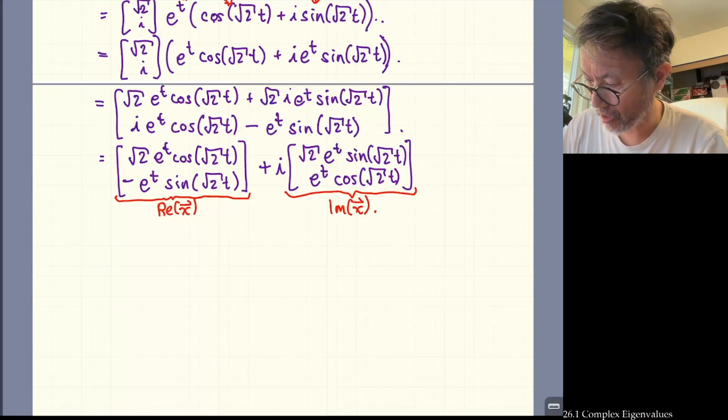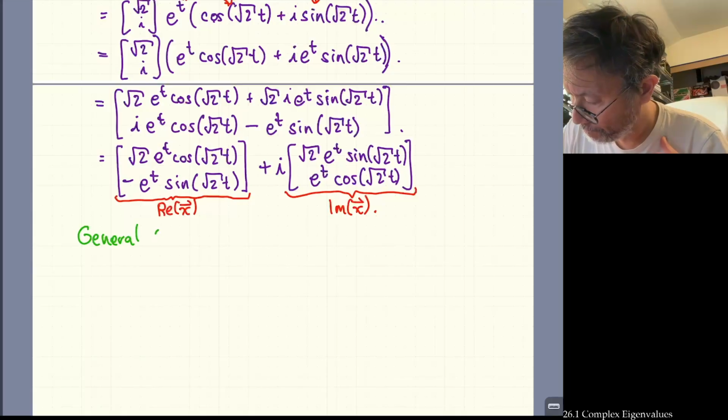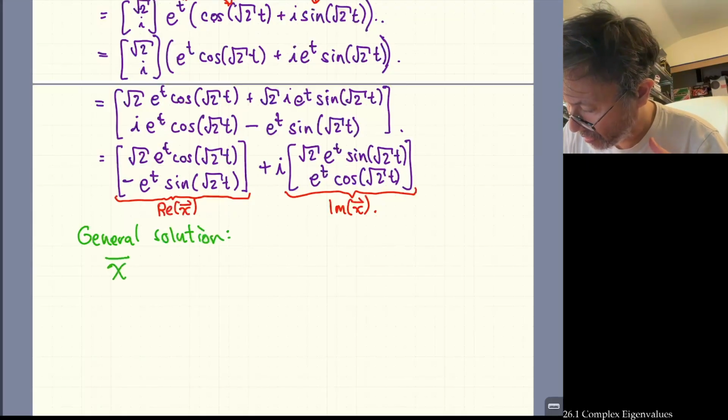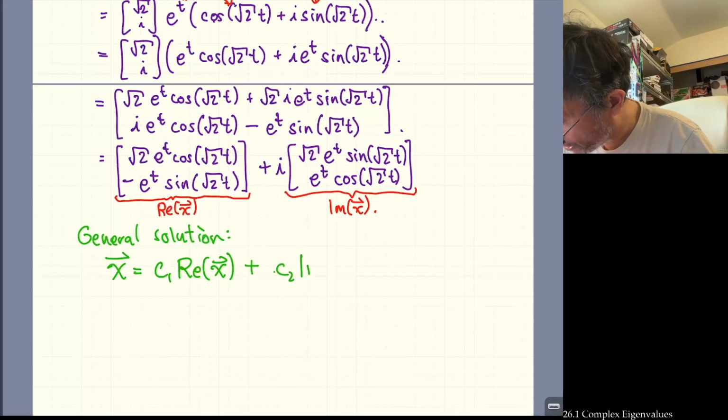And that, indeed, is going to be our conclusion. The general solution is x equals C1, maybe I'll go slow, C1 times the real part of x plus C2 times the imaginary part of x.